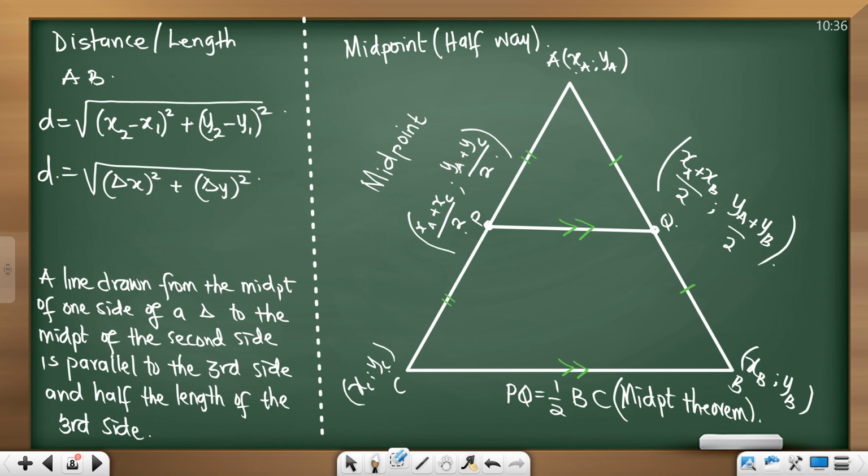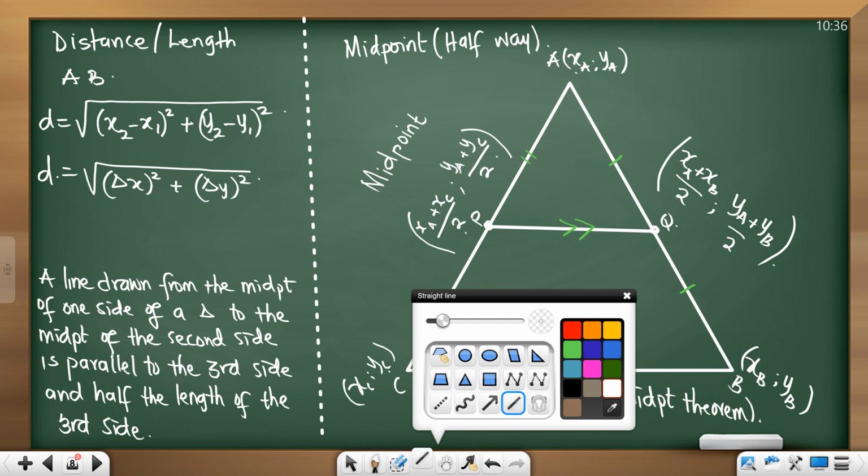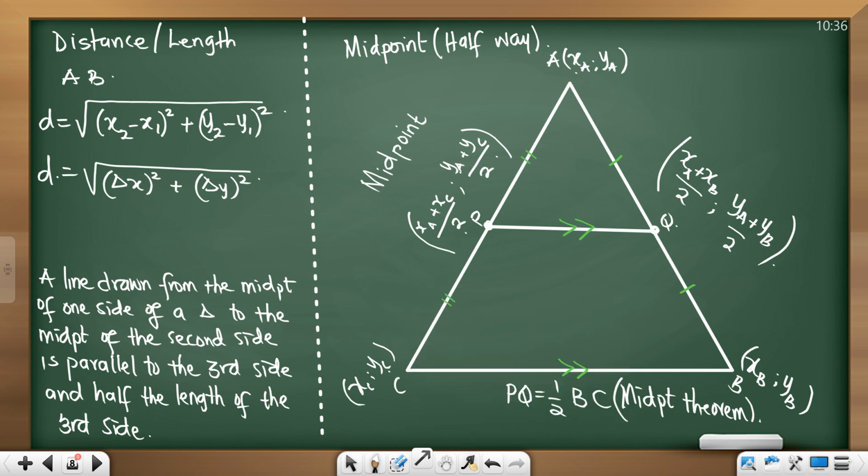That would guide us in remembering the midpoint. There are two: we have the theorem and its converse. The converse: if a line is drawn from the midpoint of one side to the midpoint of the other, then we say it is what?